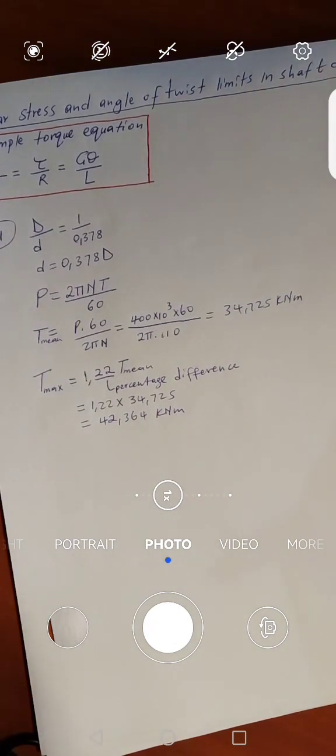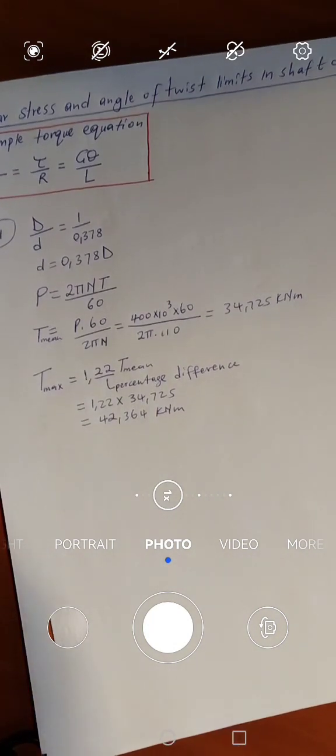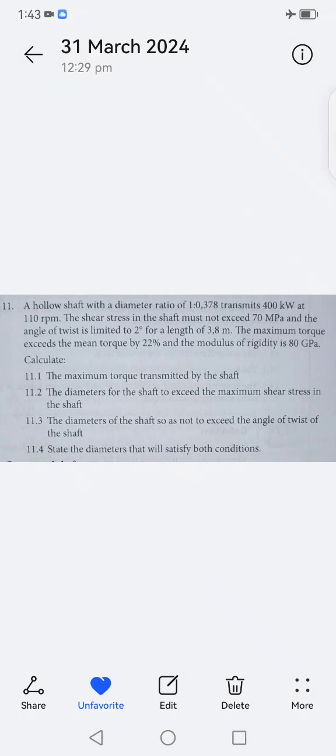Good. So I think that is question number 1: calculate the maximum torque transmitted by the shaft. Then question number 2, or 11.2, I think you have to edit this question. Somewhere it is not right.